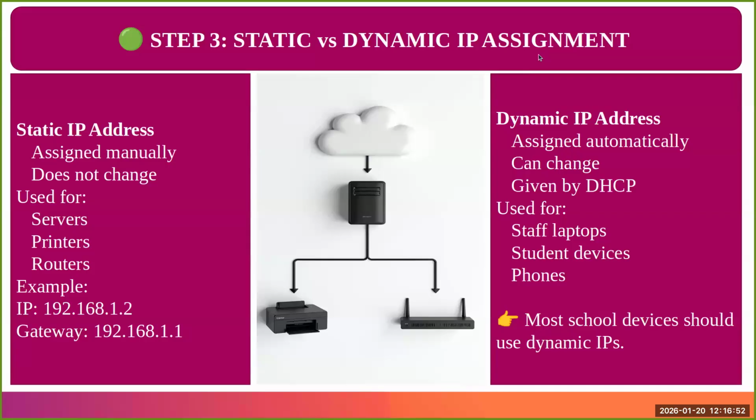If you have 250 systems, 300 computers in a lab and you are doing static assignment, you will go one by one from one computer to the other and assign the IP. Taking note of what we have said earlier. If one is .2, the next one has to be .3.